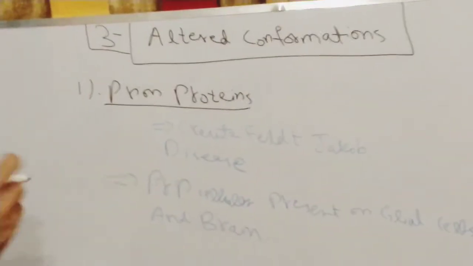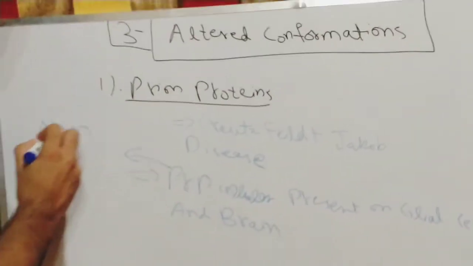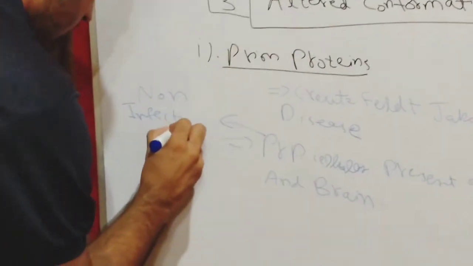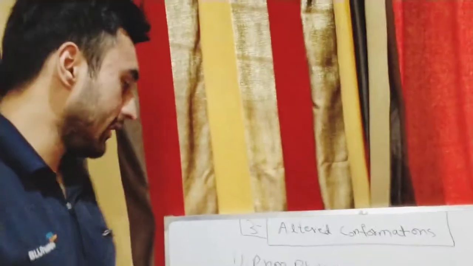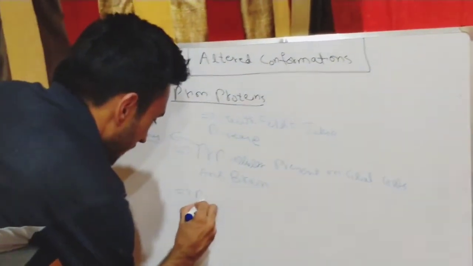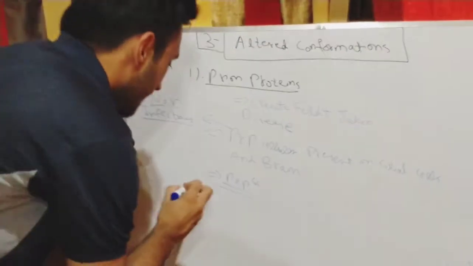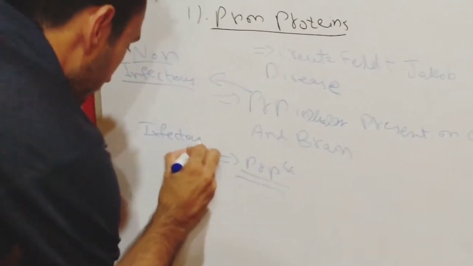This PrP cellular is the non-infectious entity. But somehow a mutation occurs in it, and it is converted into the infectious prion protein PrP scrapie, and this is the infectious entity which causes this disease.